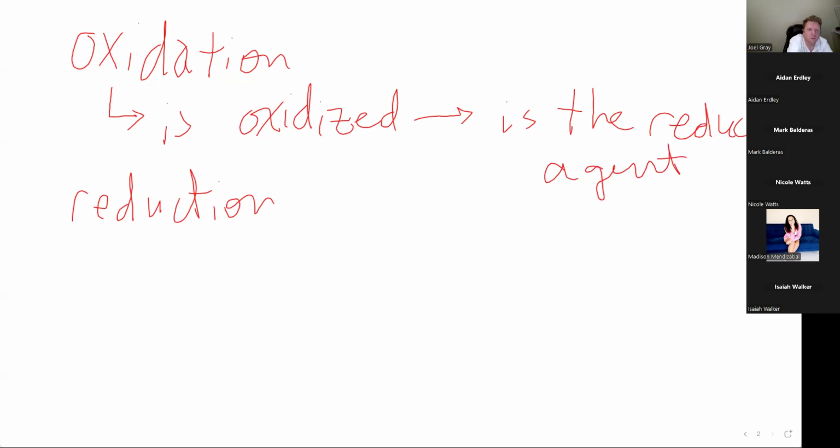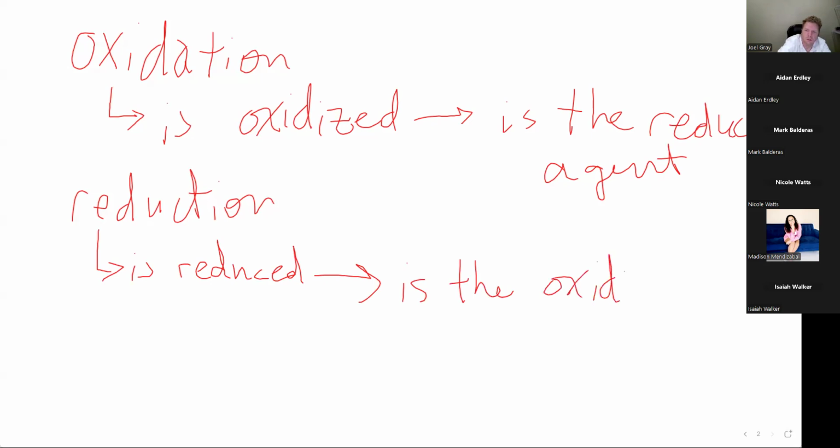So then if something undergoes reduction, it is reduced. When something is reduced, it is the oxidizing agent.